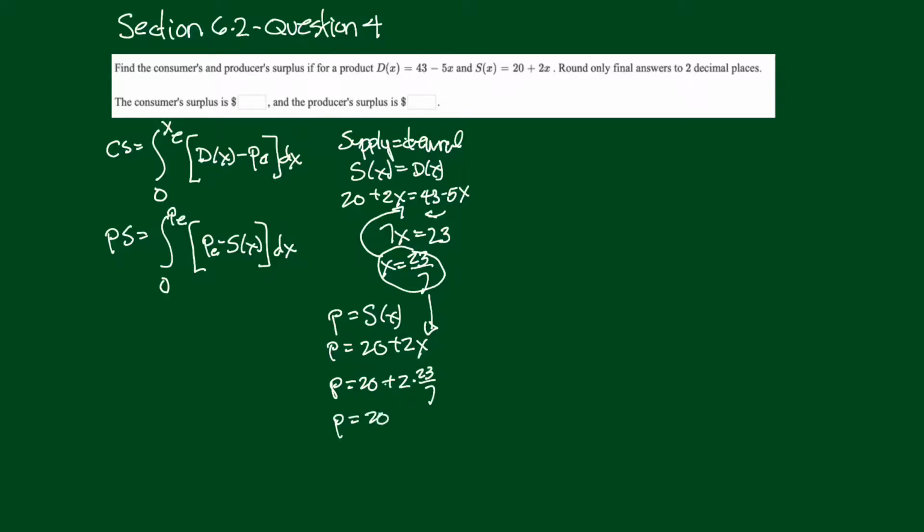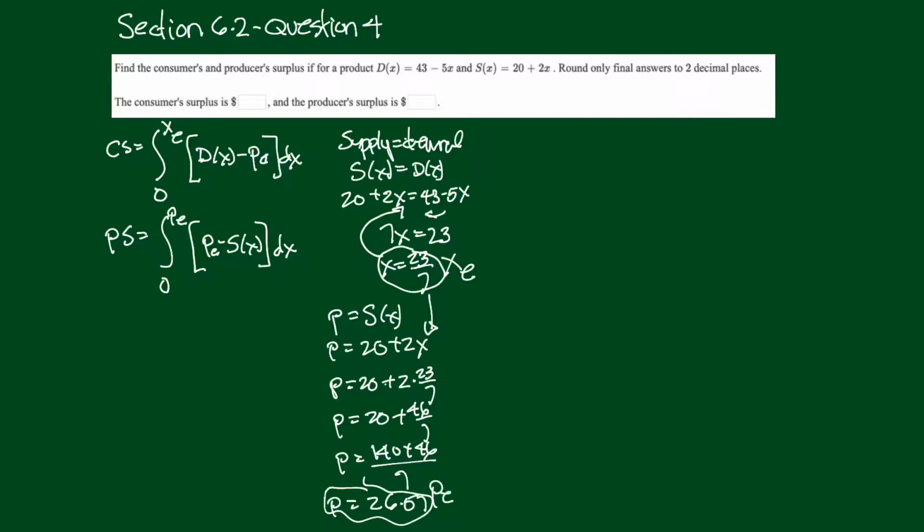P is equal to 20 plus 46 over 7. P is equal to 140 plus 46 all over 7. So P is equal to about $26.57.